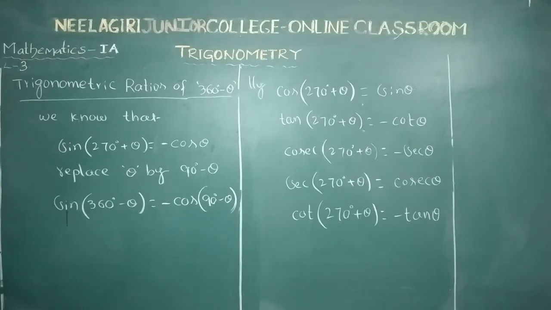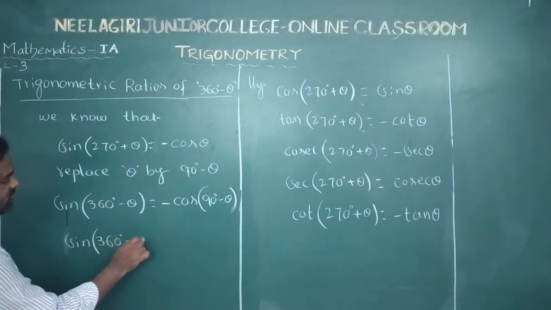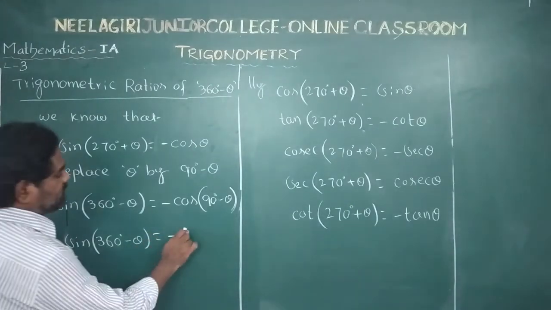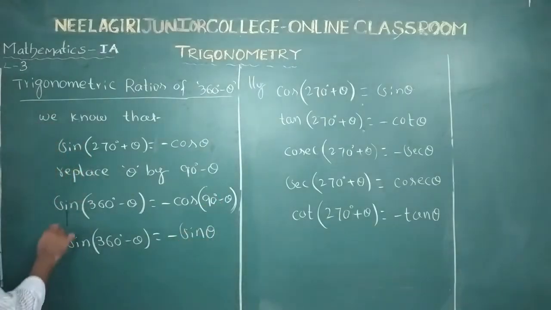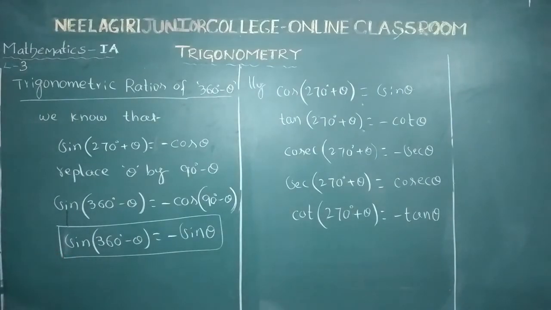Understand? Sin of 360 minus theta equals minus cos of 90 minus theta, which is minus sin theta. This is the value of sin of 360 minus theta.